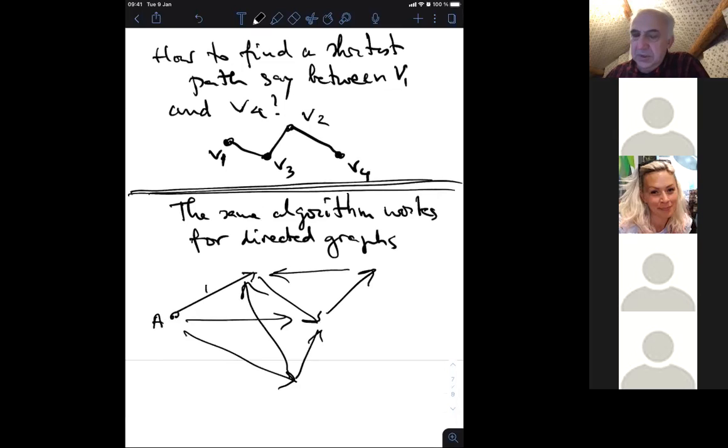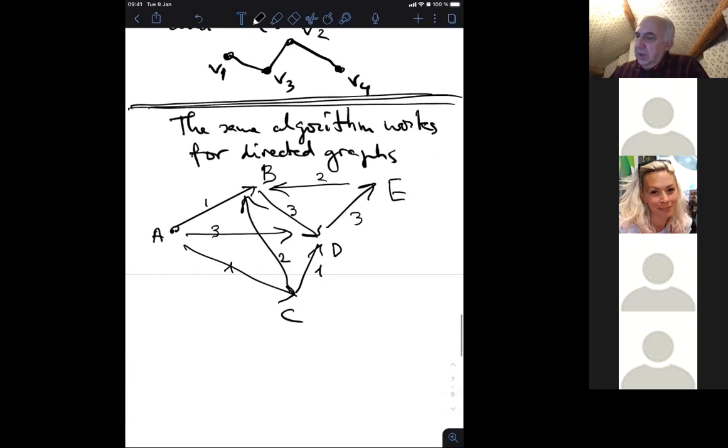So my vertices will be called A, B, C, D, E. And the lengths would be 1, 2, 3, 3, 3, 1, 1, and maybe 2 here. Yes, I guess this is it.